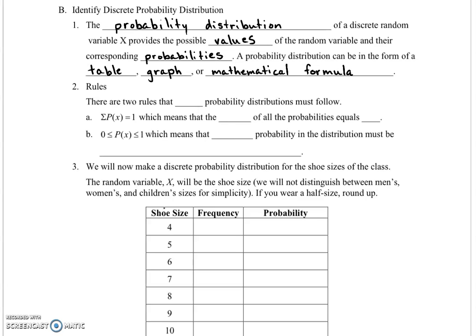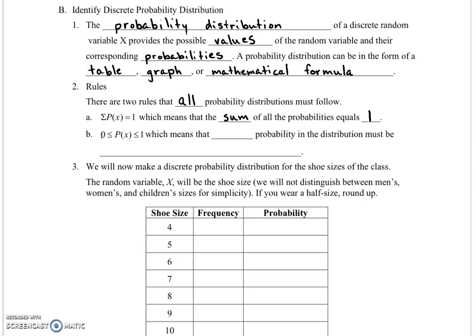So the rules that they have to obey are the same as the rules that we've talked about before, and all probability distributions have to follow these rules. First of all, the sum of all the probabilities has to equal 1. That was true before when we talked about contingency tables and probability tables and frequency tables, right? This is no different than a relative frequency table.